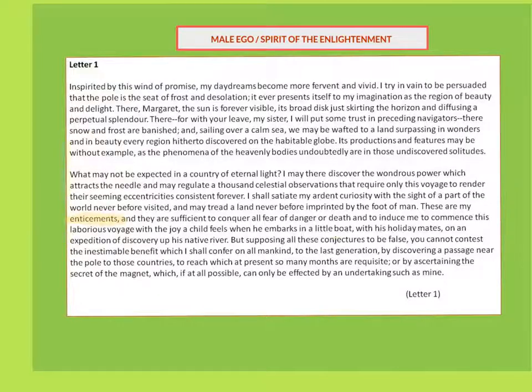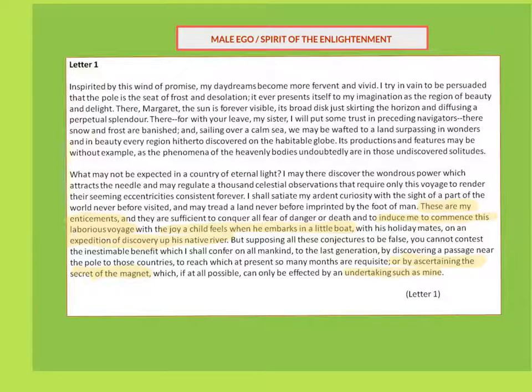So if we look in the second paragraph, "these are my enticements, and they are sufficient to conquer all fear of danger or death, and to induce me to commence this laborious voyage with the joy a child feels when he embarks in a little boat with holiday mates on an expedition of discovery up his native river." And as you can see towards the end here on the screen, "or by ascertaining the secret of the magnet, which, if at all possible, can only be effected by an undertaking such as mine."